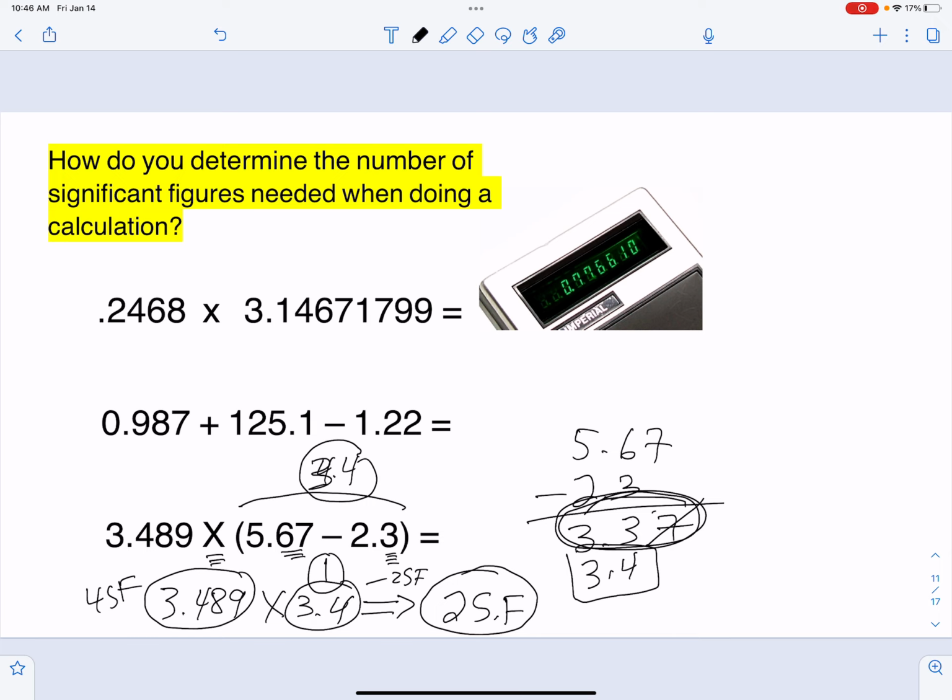So when you do combined operations, mentally determine how many significant figures you're going to have at the end, but put all the numbers on the calculator. Do not cut it to 3.4 first and continue. Just put all the numbers on the calculator, but be aware that at the end, you're going to have 2 significant figures only.